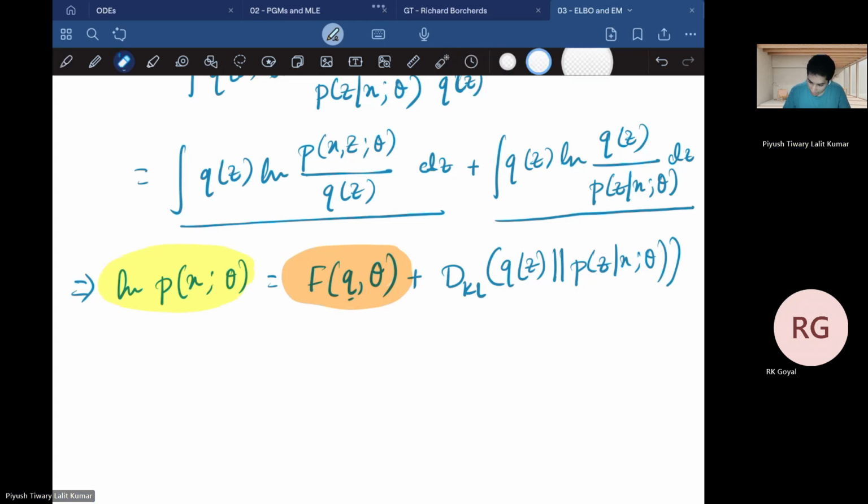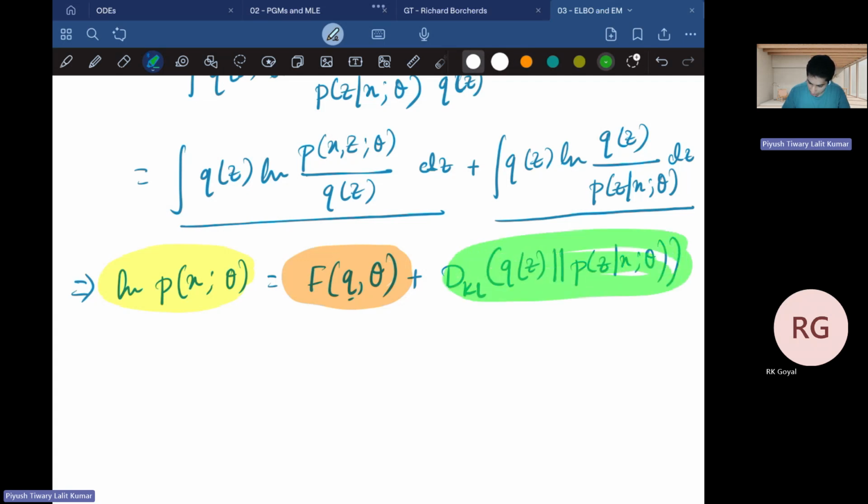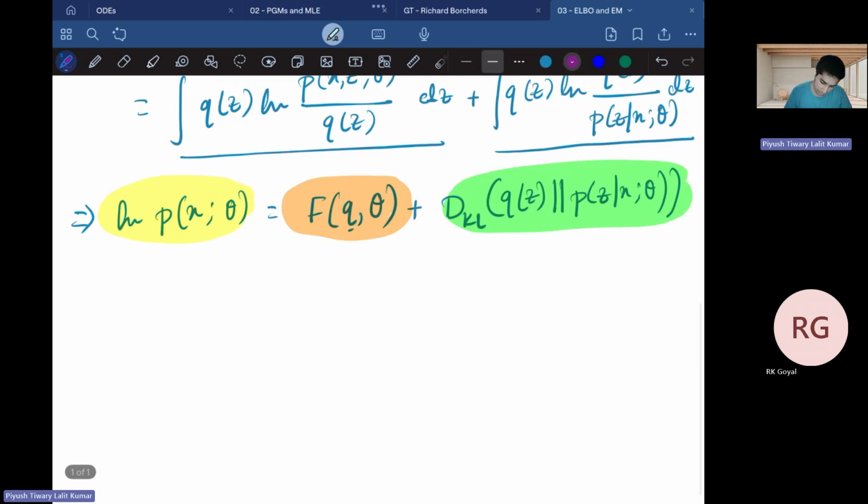Maybe that's the first term, right? And there is another term which is KL divergence between Q of Z and P of Z given X. So each of these terms has a special name. This term is well known. This is log likelihood. We discussed this last time.